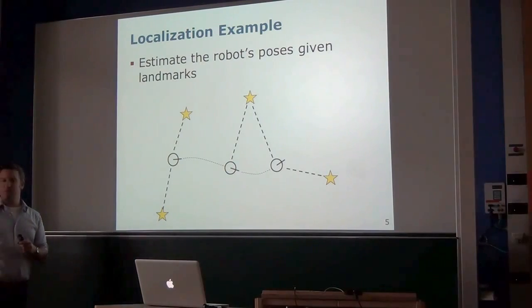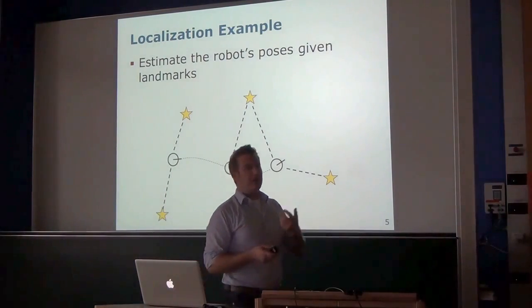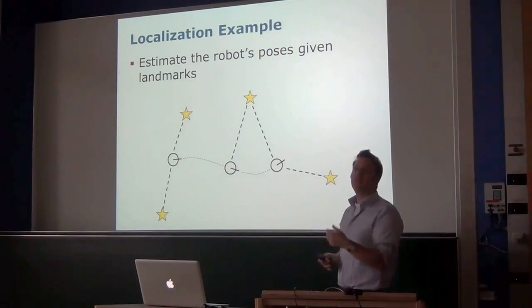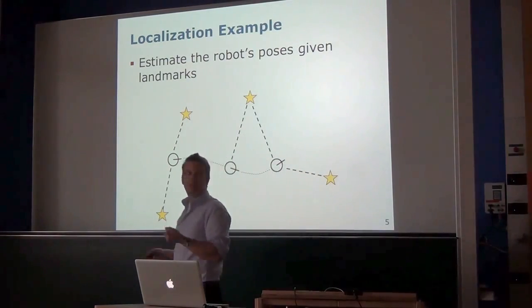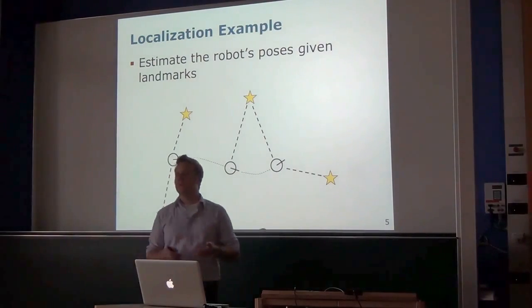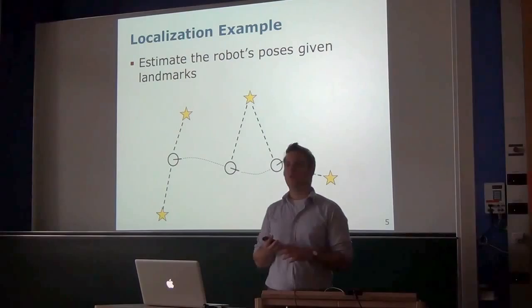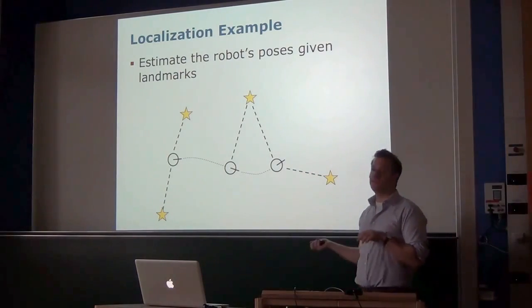I can use the knowledge of those landmarks to localize myself, or just by observing the buildings. Given I know where the buildings are, I can localize myself relative to these buildings. So all these things are landmarks, and your robot needs to have a notion of what landmarks are in order to estimate its own pose.